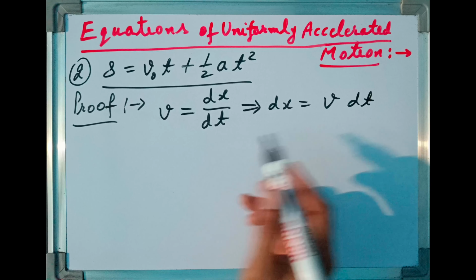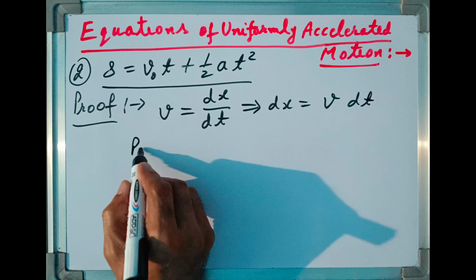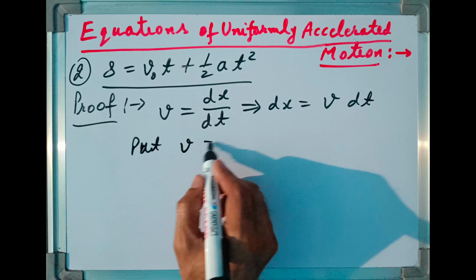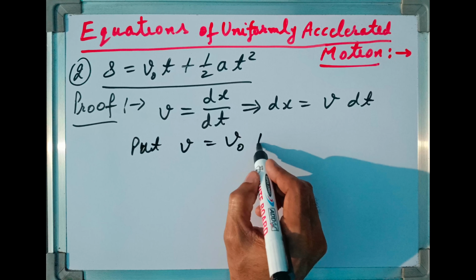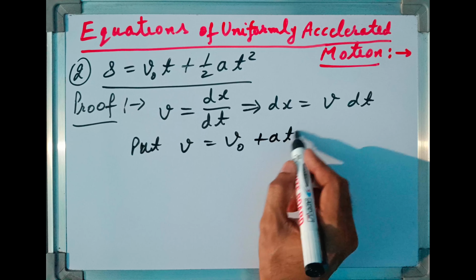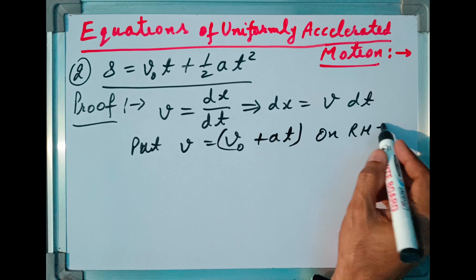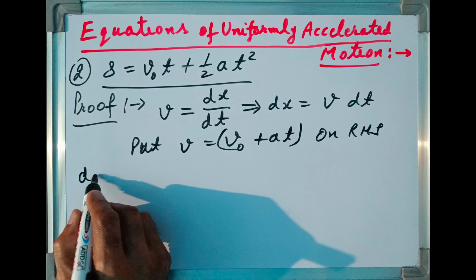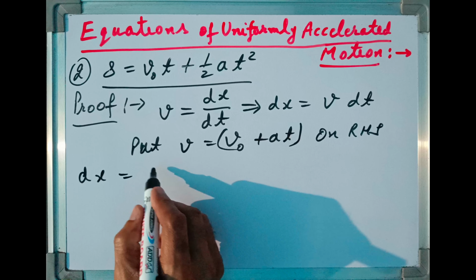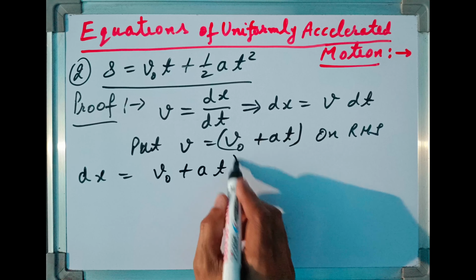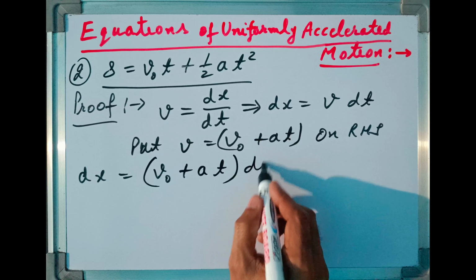Using the first equation, we can put v equal to v naught plus at on right hand side. So we can write dx is equal to v naught plus at, dt.